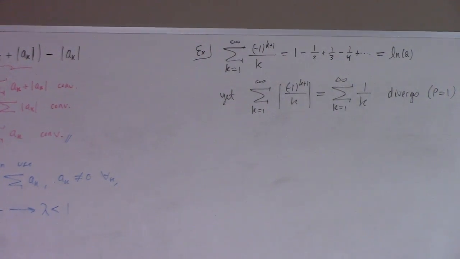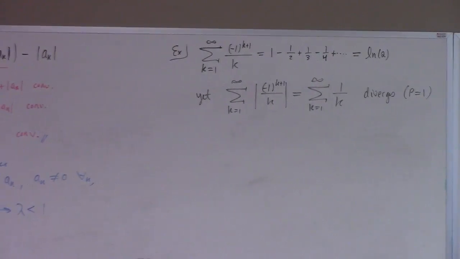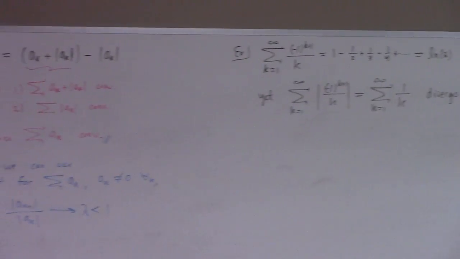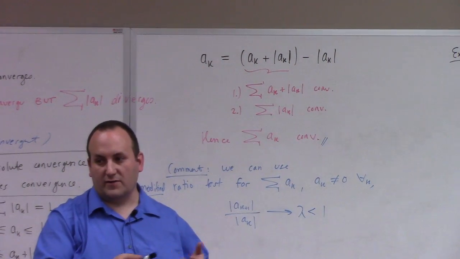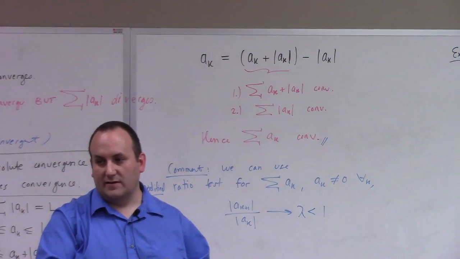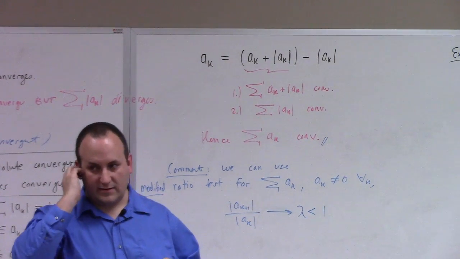Do telescoping series only conditionally converge? Is that your question? I don't think so. Not always. I believe you worked out the other day that you can rewrite any series as a telescoping series.